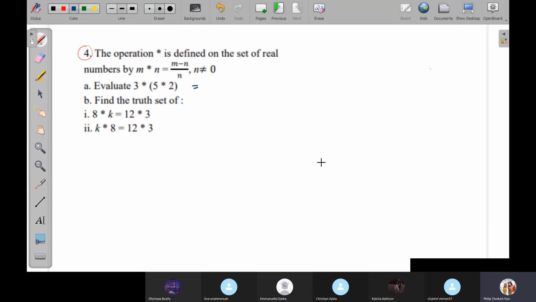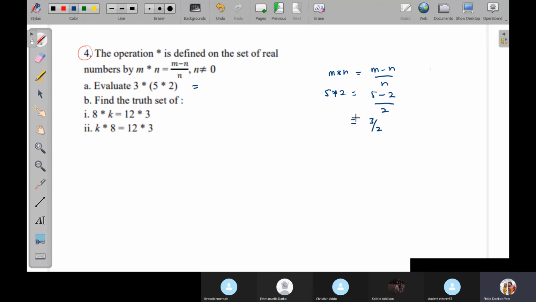All that we expected you to do, having the rule, was to first consider 5 star 2, that will give us 5 minus 2 all over 2, and that will give us an answer of 3 on 2.